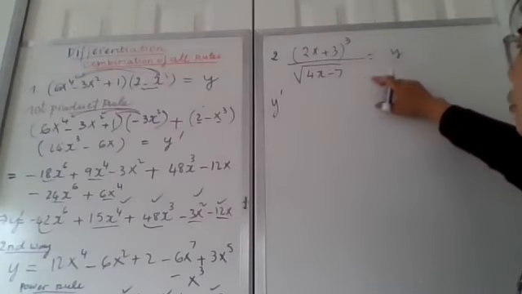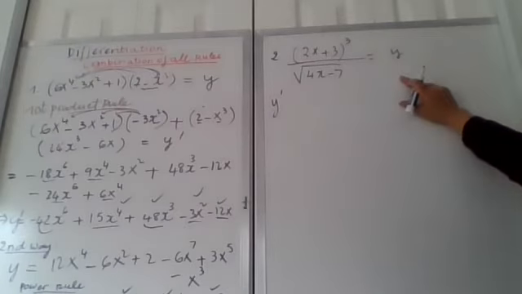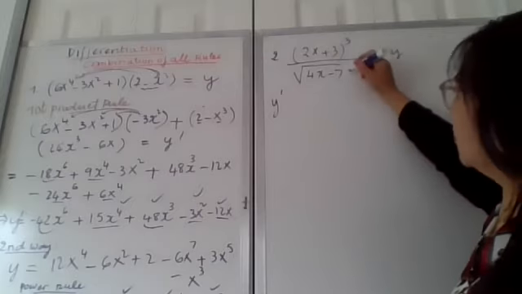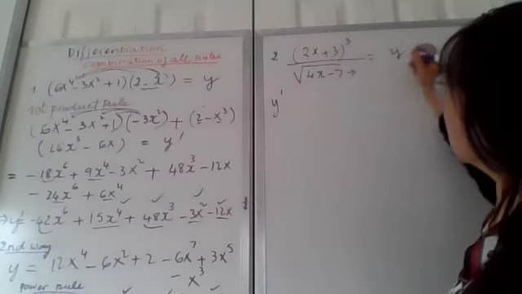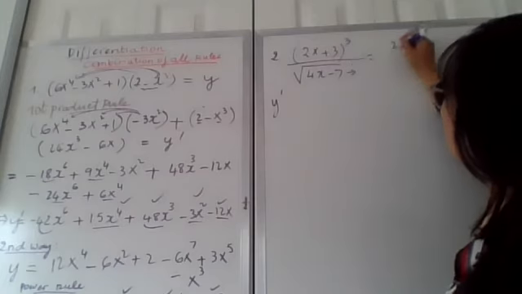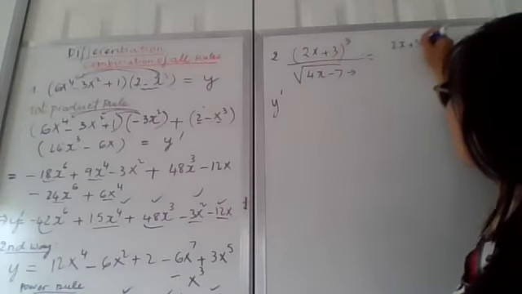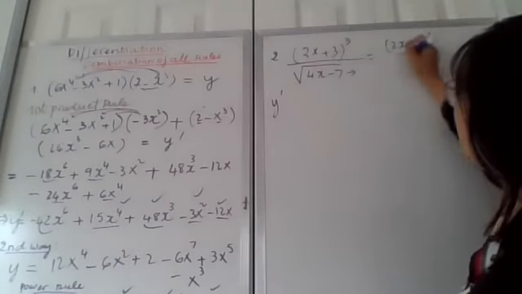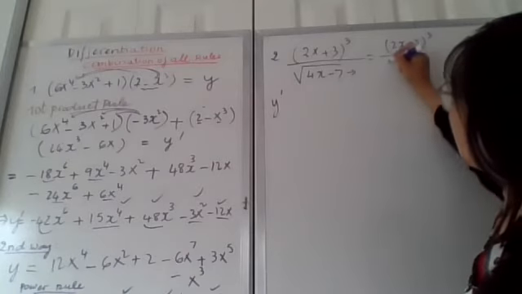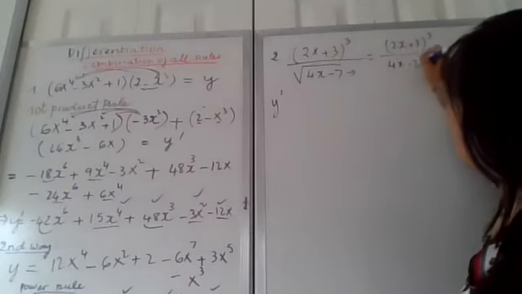So this is the quotient rule, right? And if we do the quotient rule, I'm going to write this as 2x plus 3 to the power 3, all of this over 4x minus 7.